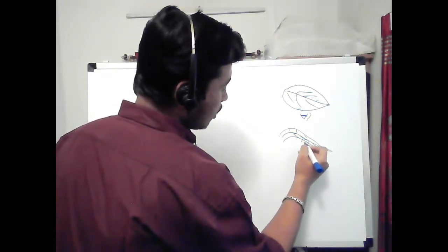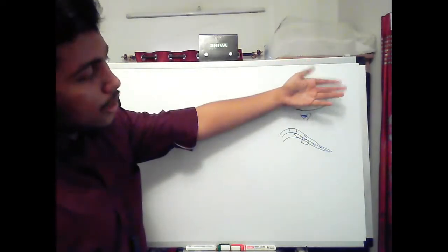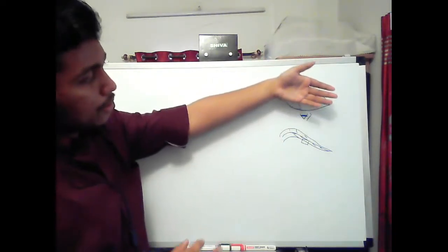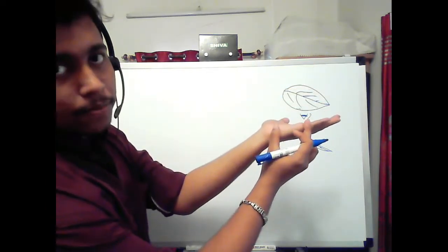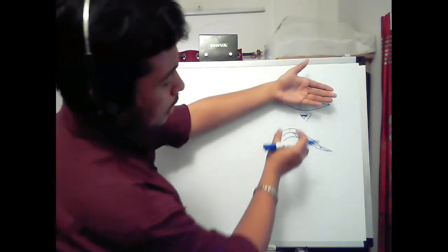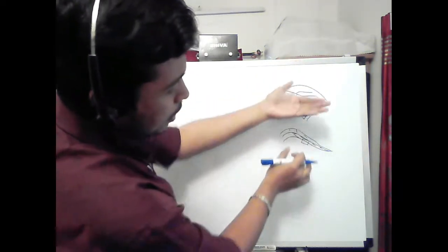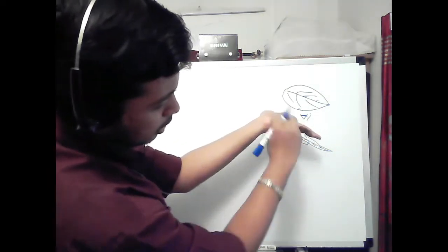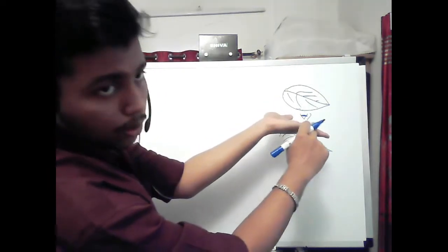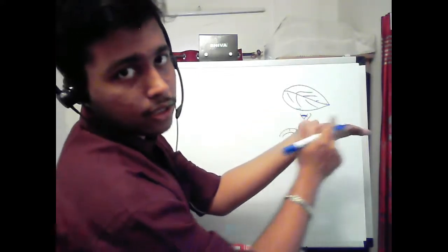I'm taking a cross section from the side of the leaf. Let my hand be the leaf for the time being. I'm watching it from this side, so it will appear like this. Now I'm going to take this part. The upper, the ventral surface as well as the dorsal surface will be present in the cross section.